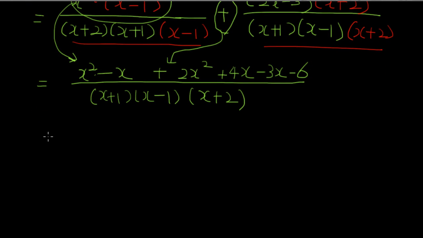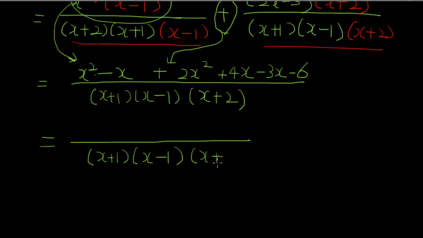Okay. Now all we need to do is combine all the like terms. So denominators, no change. Numerator, we have x squared, 2x squared, so it'll be 3x squared.